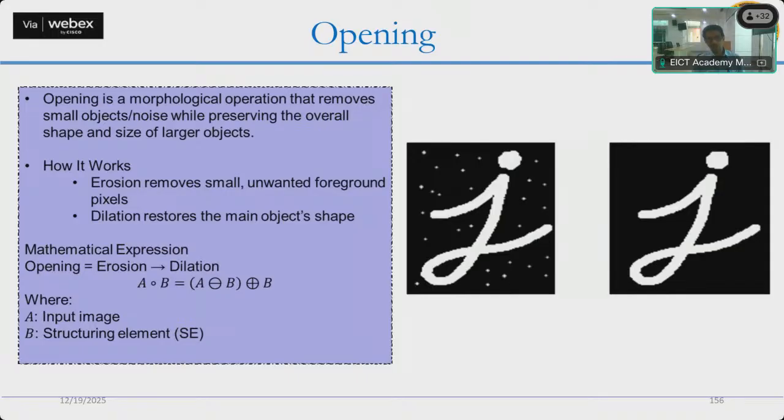So what we are doing here is first eroding it and then dilating it. How will it occur? When you do the erosion, it will remove unwanted foreground pixels. Then dilation restores the main subject shape.